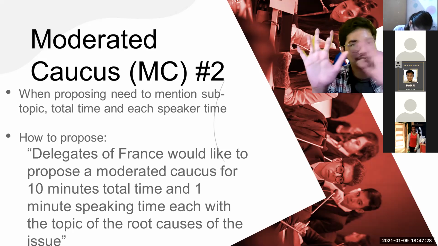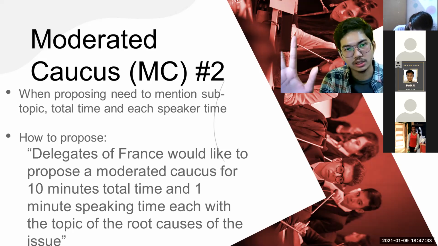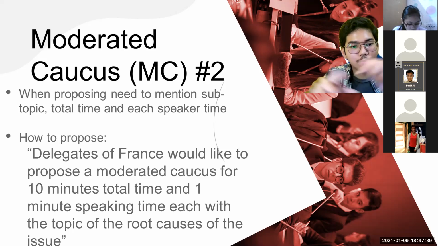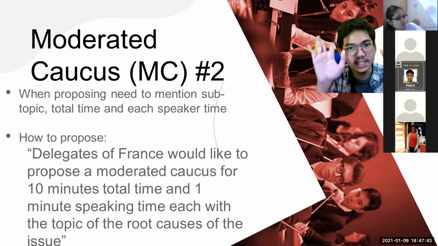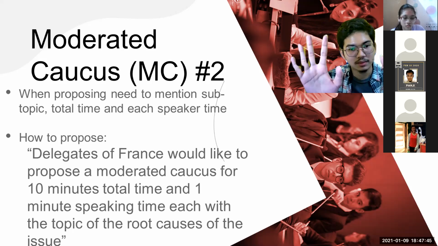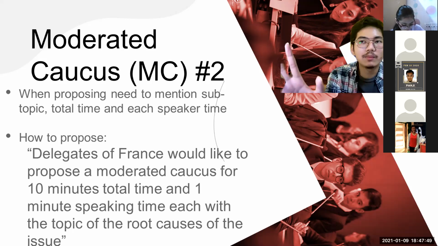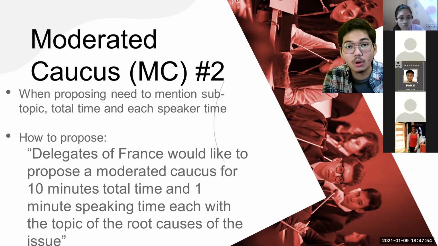We're going to use the same example. There are 10 countries in the moderated caucus, and each one has their own speaking time. If we're talking about 10 minutes in total, that means all of the 10 countries have to talk for 10 minutes, with each 1 minute speaking time. Some of you might want to ask, Chair, do we have to speak in only 1 minute? No, you can talk for 2 minutes.